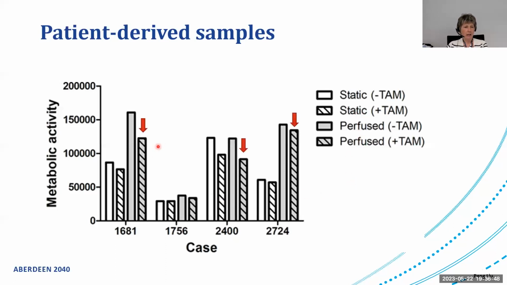And what you can see is that in the dark cross-hatched bar, in 3 out of the 4 cases, we're seeing an improved response to tamoxifen in the presence of perfusion compared to static conditions. So quite a nice platform to use not only for cell line studies, but it can also be used for patient-derived tissues. And these were explant tissues that we got from the Breast Cancer Now tissue bank.